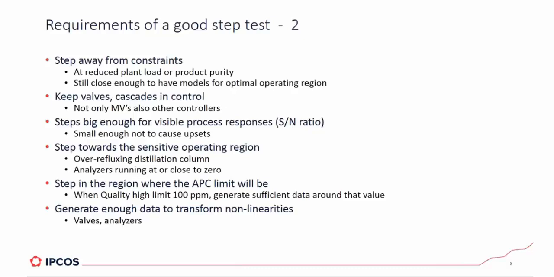More requirements of a good step test. We would typically step away from constraints. That could be a reduced plant load, or it could be away from product purity, just to prevent that we cross these limits.